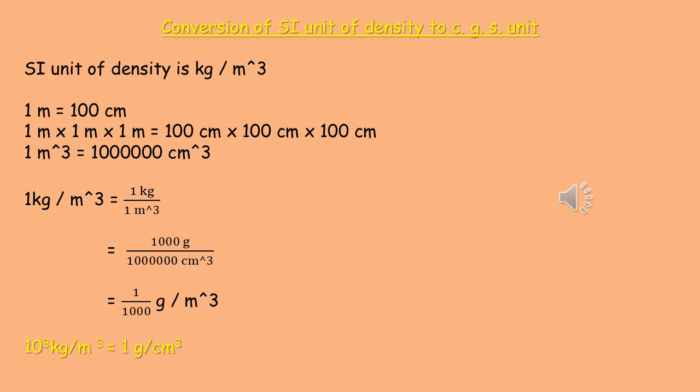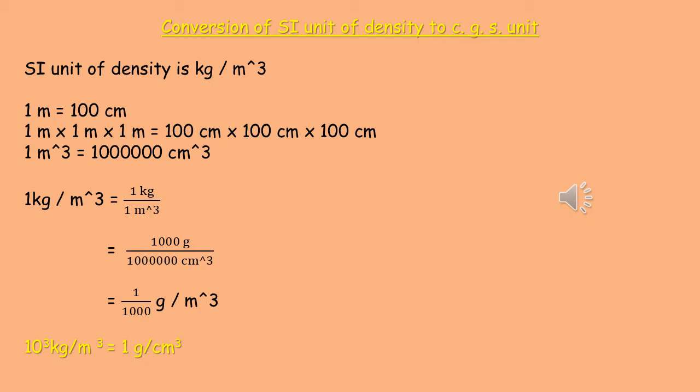We know that the SI unit of density is kg per meter cube, and we also know that 1 meter is equal to 100 centimeter. Now 1 meter cube means 1 meter into 1 meter into 1 meter. So we can write that as 100 centimeter into 100 centimeter into 100 centimeter. So 1 meter cube is basically equal to 100,000 centimeter cube.